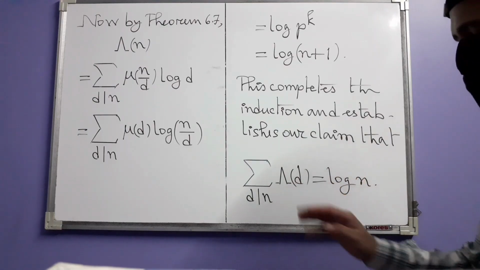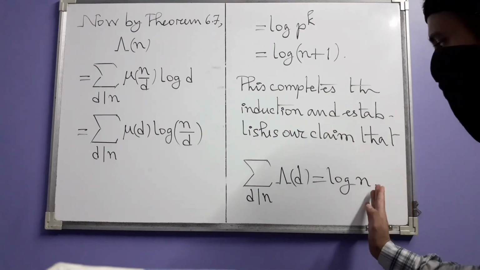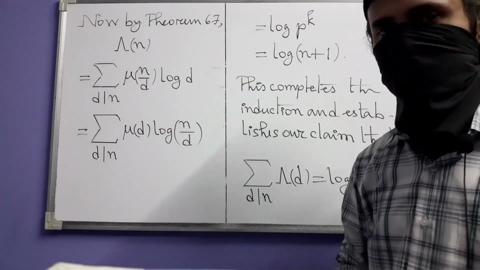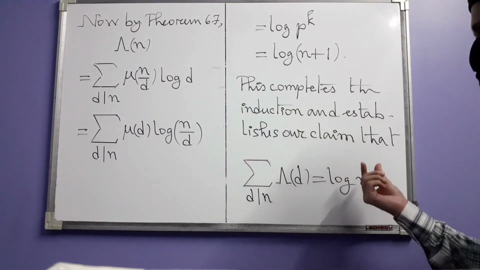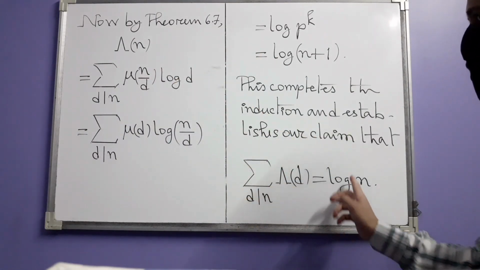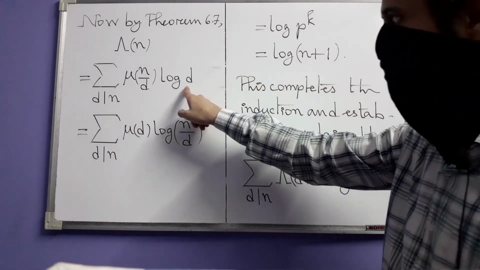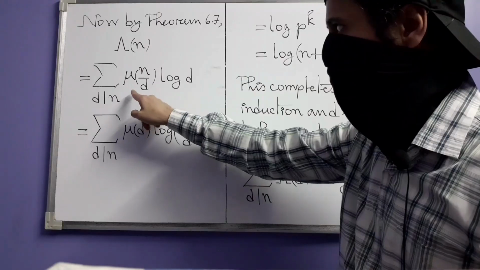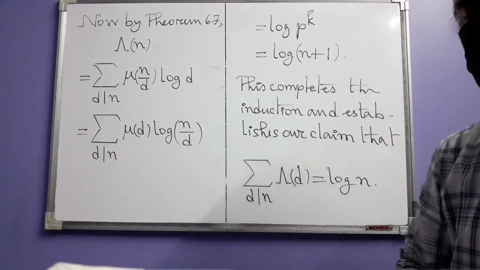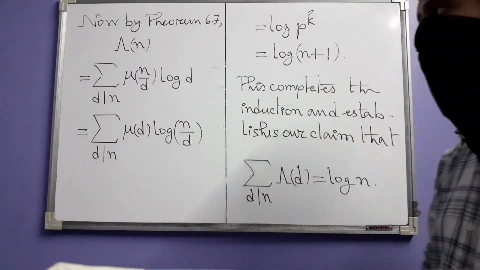So the places will get swapped, lambda will come outside, log will go inside, and there will be mu also. So lambda comes outside means we have lambda of n, that is equal to summation, log goes inside and has d. But mu also is present with the argument n divided by d, input n divided by d. And d as usual varies over all the positive divisors of n.